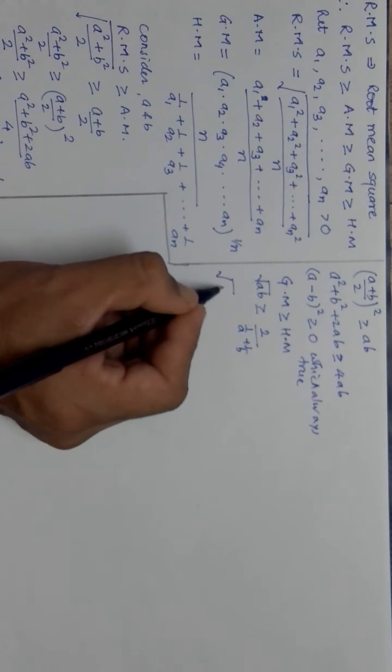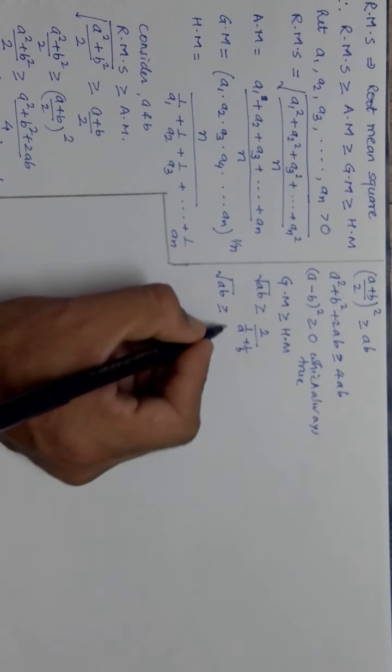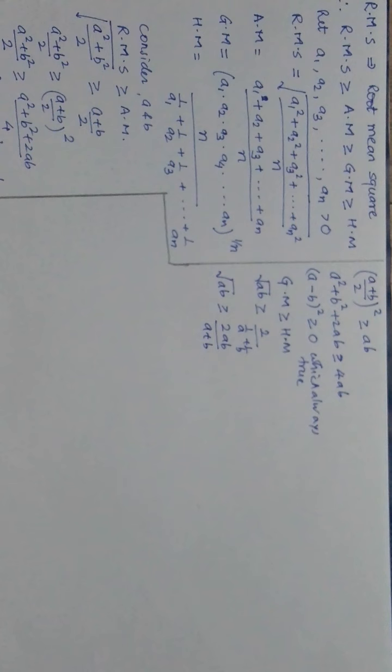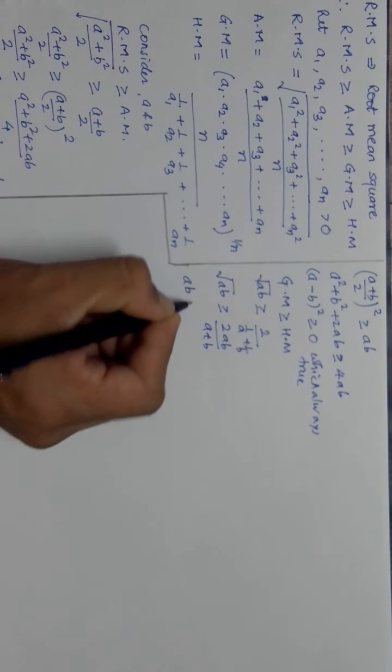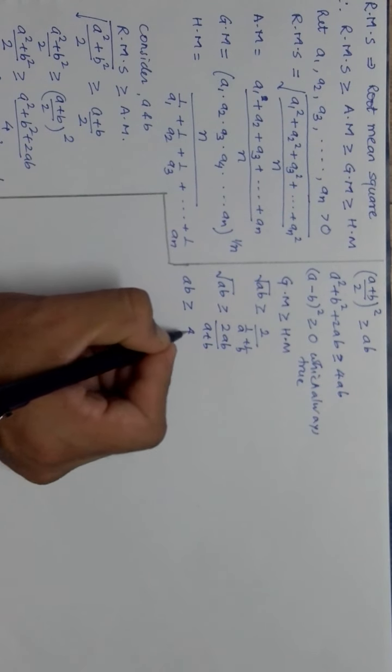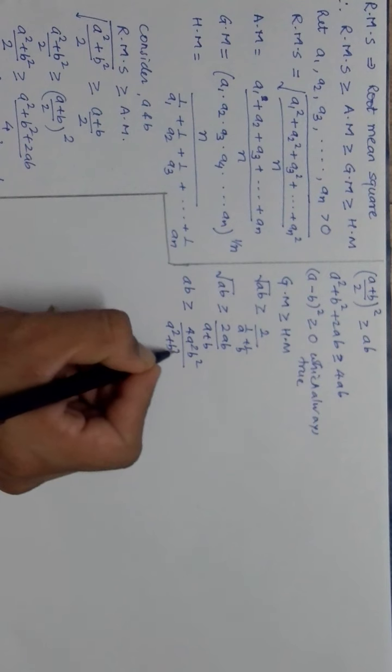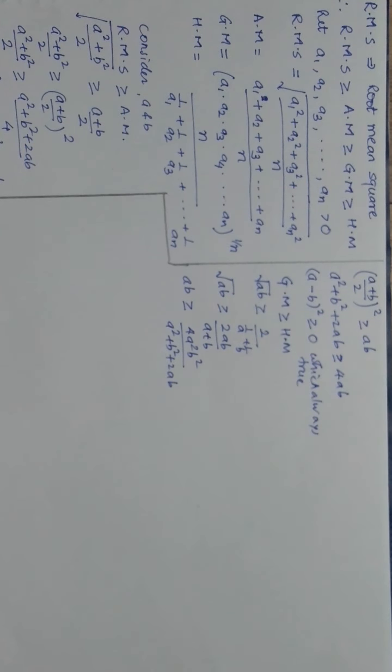So it is under root ab greater than equal to 2ab upon a plus b, right? So when you square it, what you get here is ab is greater than equal to 4a square b square upon a square plus b square plus 2ab, right? That is 4a square b square upon a square plus b square plus 2ab.